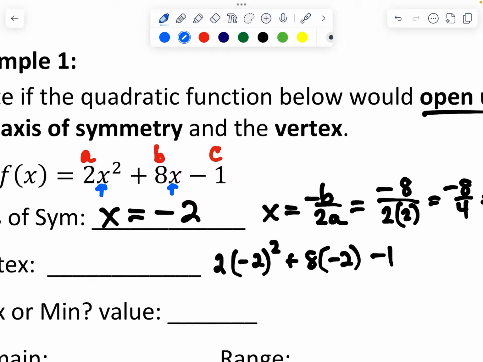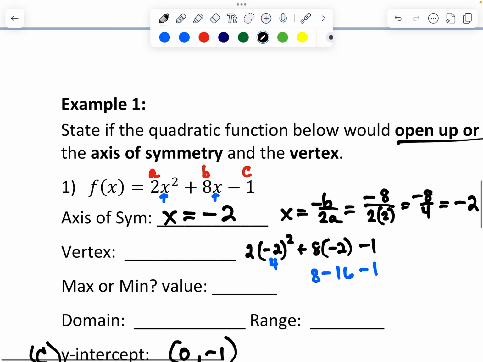Negative 2 squared, negative 2 times negative 2, is 4. Then 2 times 4 is 8. Plus 8 times negative 2 is negative 16, minus 1. So 8 minus 16 minus 1, I need to add all of those up, and when I do, I get negative 9.